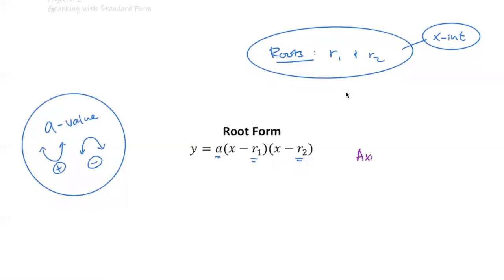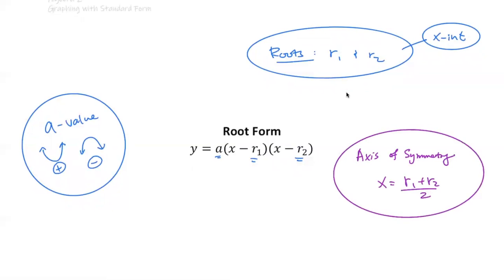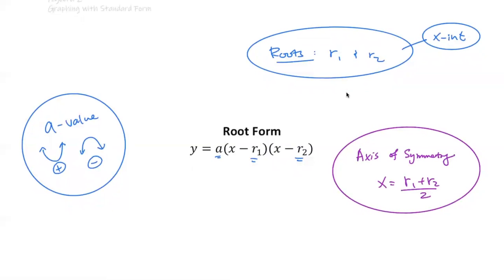Earlier, we talked about the axis of symmetry, right? And we said, hey, you know where the axis of symmetry is? If you know the two roots, it's always the midpoint between the two roots. The midpoint is found by adding the two roots together and dividing by 2, like how to find an average. So that's the axis of symmetry.